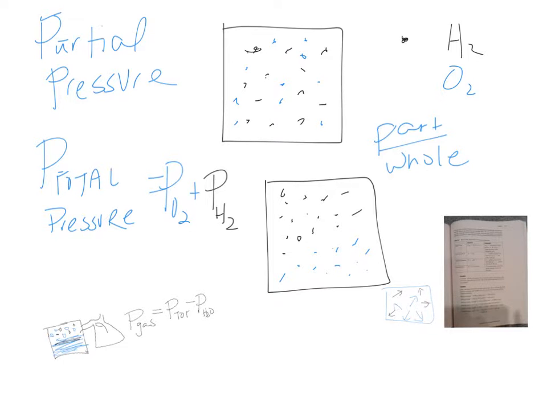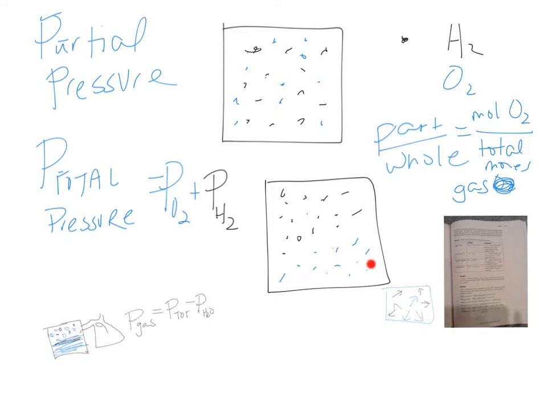That is called the mole fraction. So if we know the number of moles of oxygen and the total moles of gas, both hydrogen and oxygen, part over whole gives us the percent or the ratio that oxygen occupies.